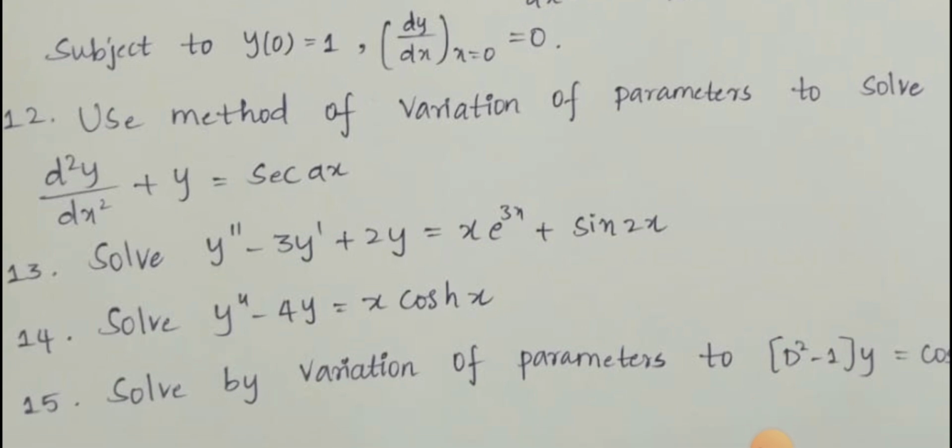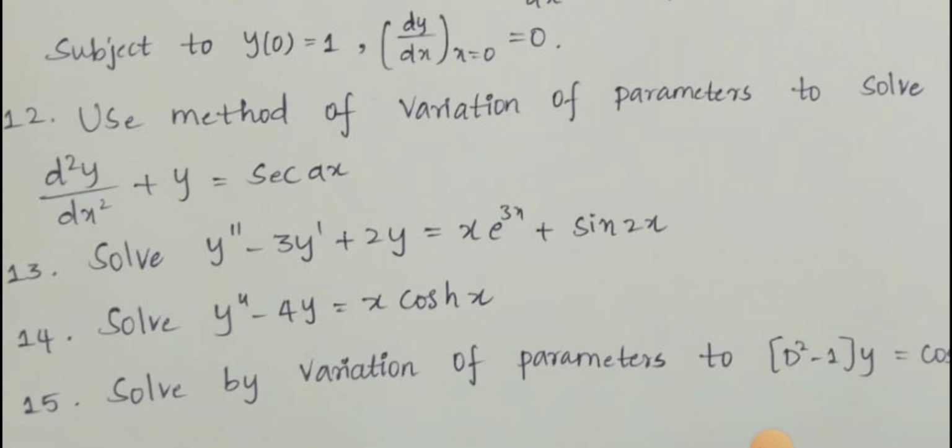13th one, you are solving y double dash minus 3y dash plus 2y equal to x e power 3x plus sin 2x. yp is split into two subparts, x e power 3x for one and sin 2x for another.